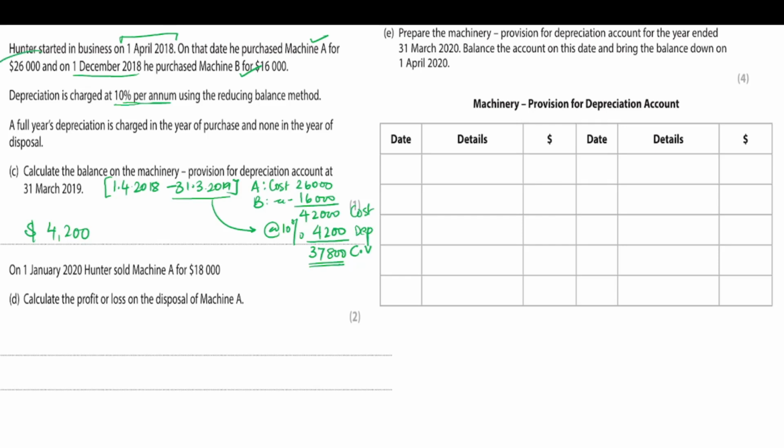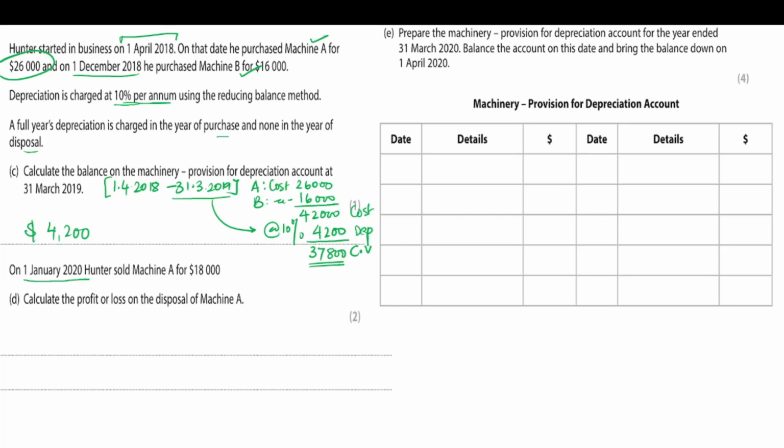That means this machine, which he had bought for 26,000, he sold it for 18,000. When? On 1st January 2020, the next financial year. That means the depreciation has been charged for this machine, and they say a full year's depreciation is charged in the year of purchase and none in the year of disposal.